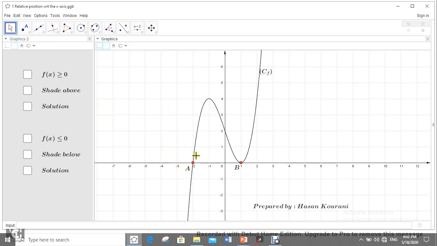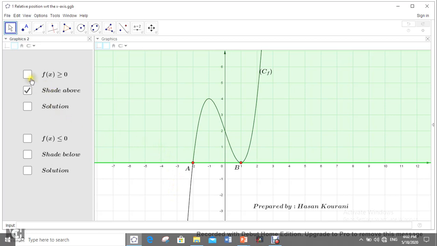The y values are positive when we are in these two quadrants, which means above the x-axis, so here, in this colored region. So we look at which part of the curve lies in this region above the x-axis.